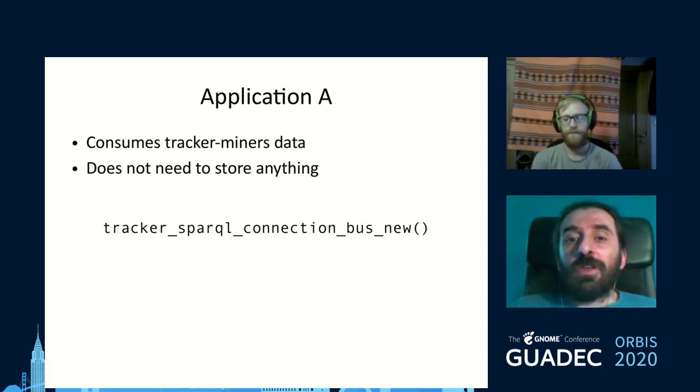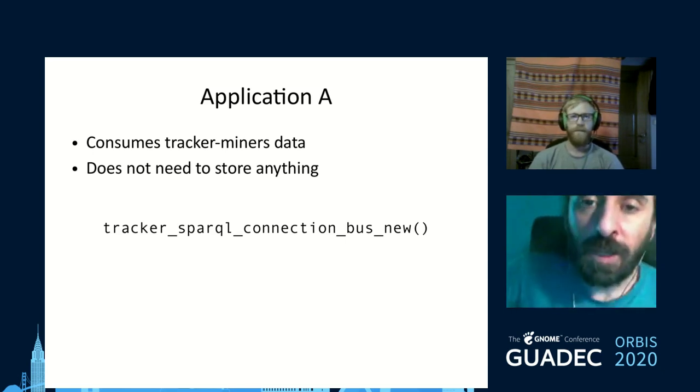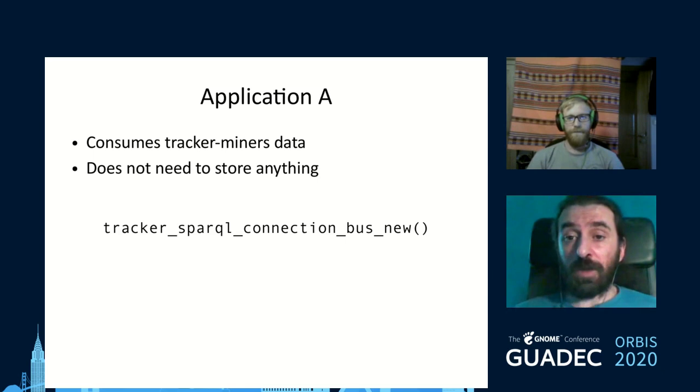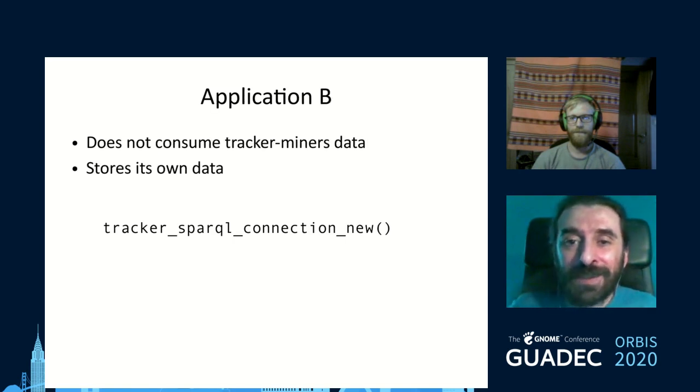So there's this construct, tracker SPARQL connection bus new, which basically works like tracker SPARQL connection get from Tracker 2, but you have to specify an explicit DBus name to this constructor. So that means that you have to talk explicitly with one service or another. In most cases, it would be tracker miners, but we hope that will change at some point.